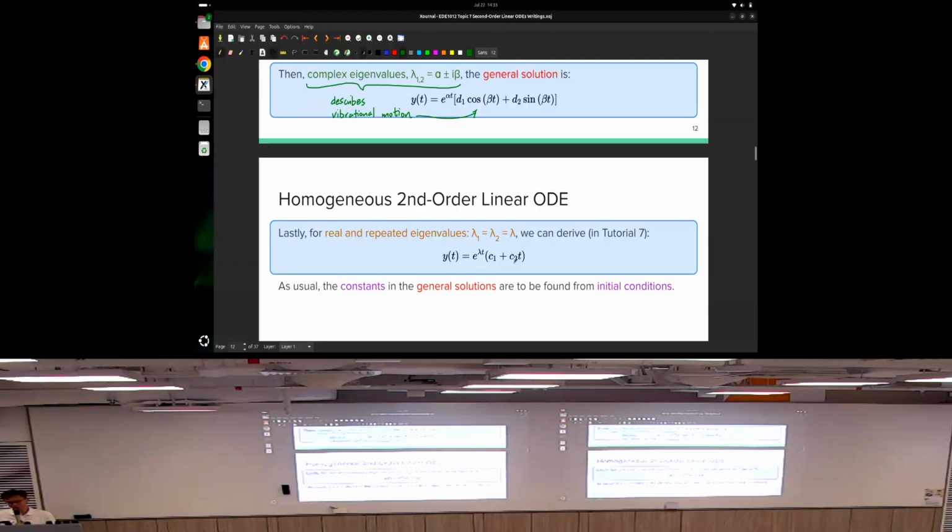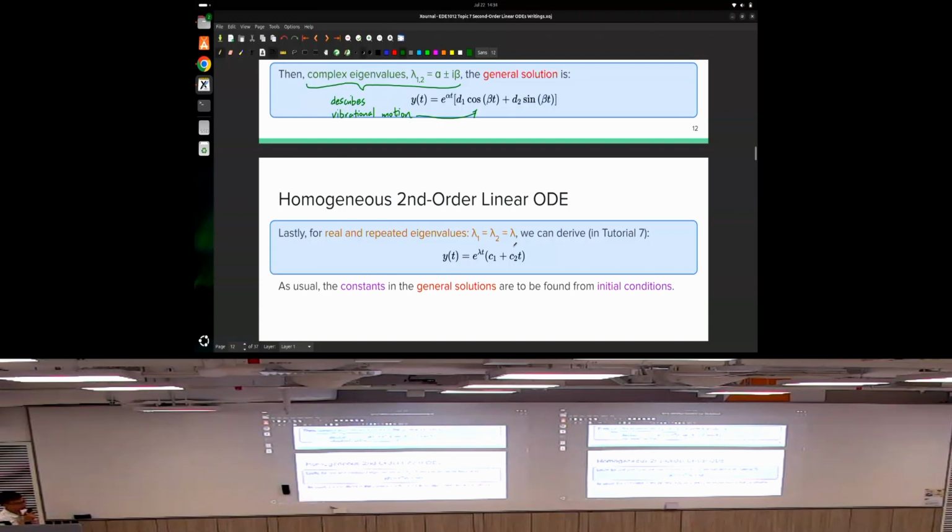Notice that for real and repeated eigenvalues, the motion also has no vibration. There are no sinusoidal terms here, it's just t and e to the lambda t. So there is no vibration, but there can be a single bounce, as you call it. Later on we will look at what that means.